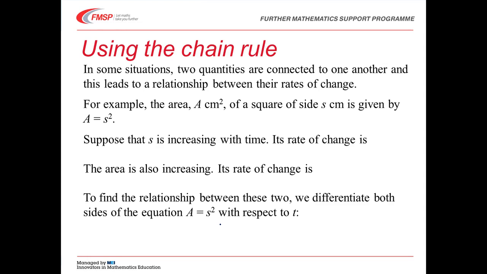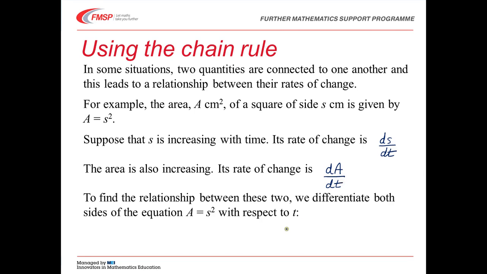Sometimes we've got a situation where two quantities are connected to each other in a way that we know, and that will lead to a relationship between their rates of change. So consider a square with area A and side s. We know that A equals s squared. What about rates of change? s is increasing with time, we'd write its rate of change ds by dt. If s is increasing, then so will A be, and its rate of change is dA by dt.